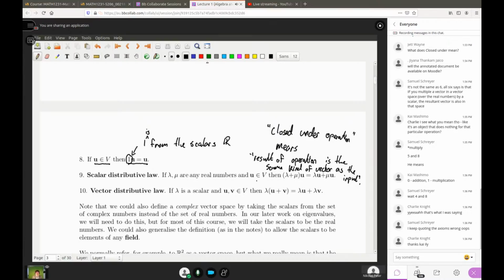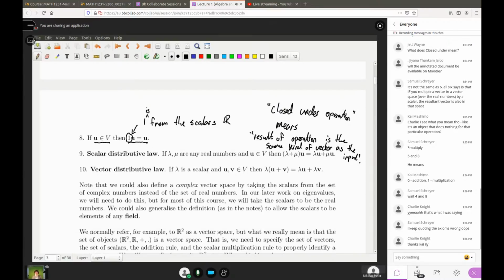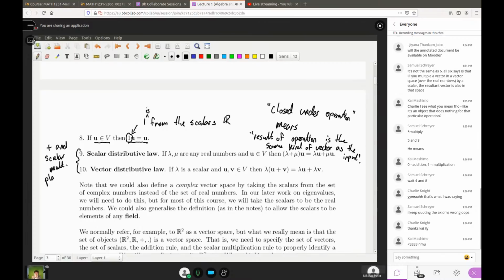Alrighty. These two are pretty much the same thing. I'm just going to sum these two up as saying addition and scalar multiplication play nice together. That's the way I think about these things.